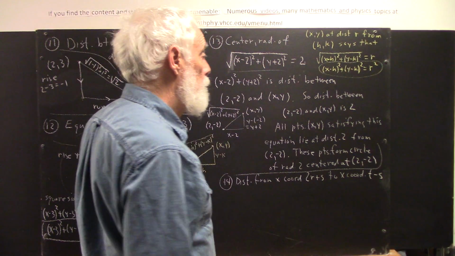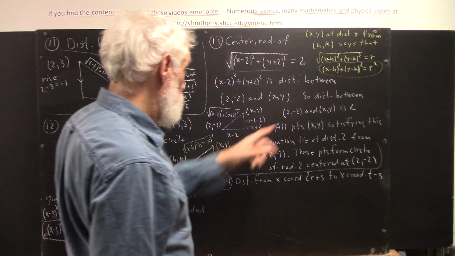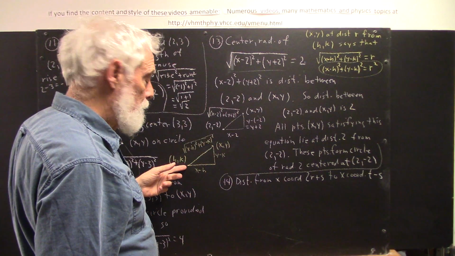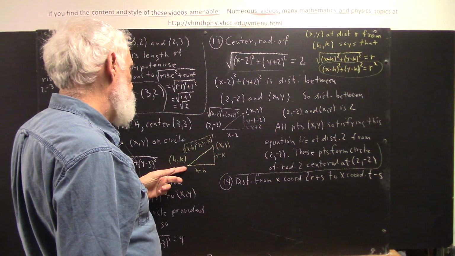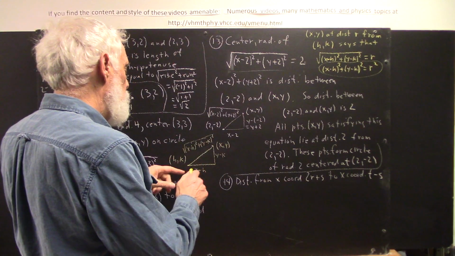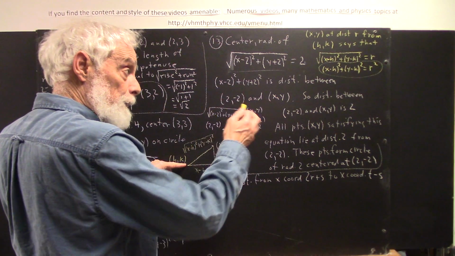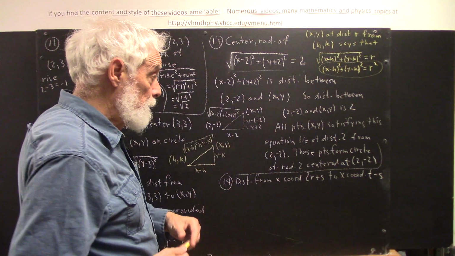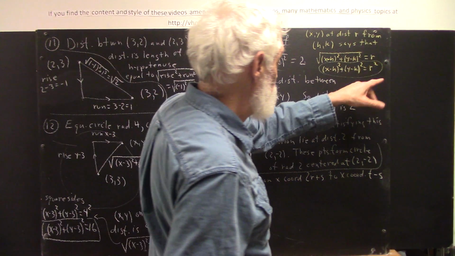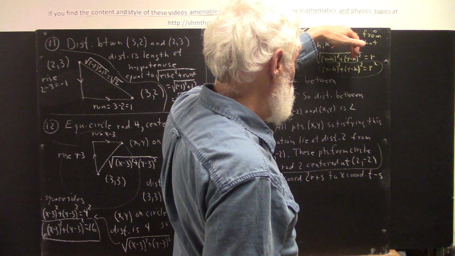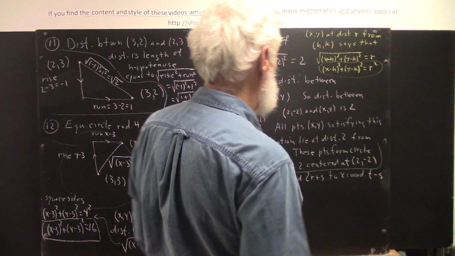From this form, you can read off the coordinates of the center of the circle, which are h, k, because h, k is the point from which x, y is at the given distance. And maybe that makes sense, and maybe not, but you should understand in terms of the picture what's going on. So we have x minus h squared plus y minus k squared equals r squared.